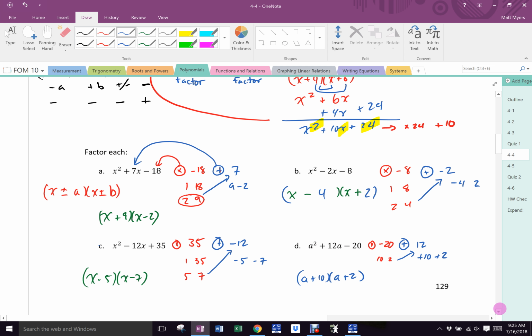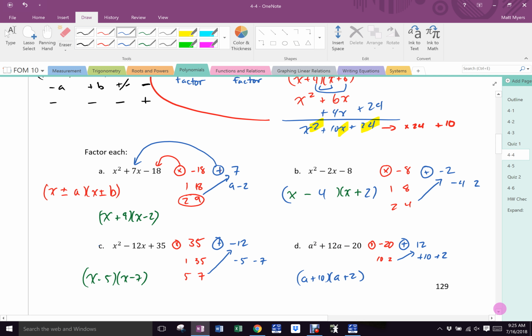And what should I add to? Negative 5. So, is it 1 and 14? No. Is it 2 and 7? How? 2 minus 7 will get me negative 5, right? So I know it's x plus 2, x minus 7. Yeah? Easy peasy lemon squeezy.